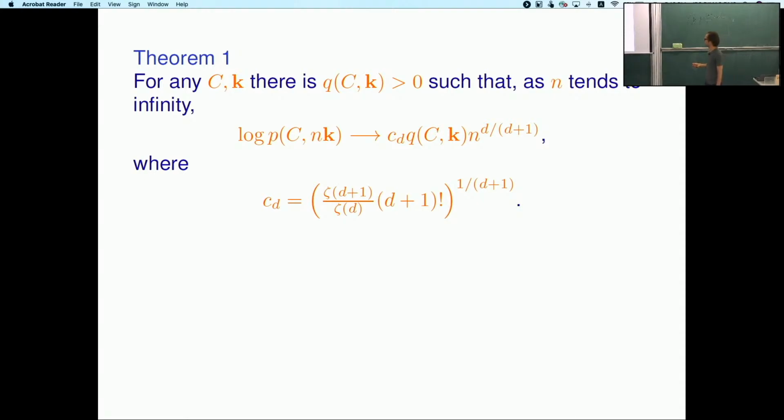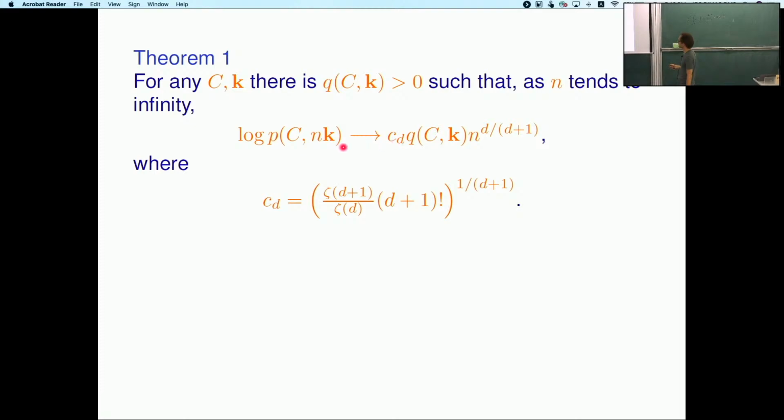So if you recall, here is the first theorem that I showed in our paper. For any cone C and endpoint K, there are constants Q and C sub D, where Q depends on the cone and the endpoint, and C depends on the dimension only, such that the log of the number of zonotopes in that cone with that given endpoint is these constants times n to the d over d plus 1.